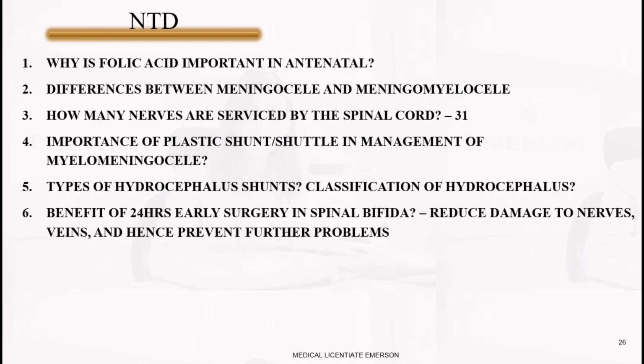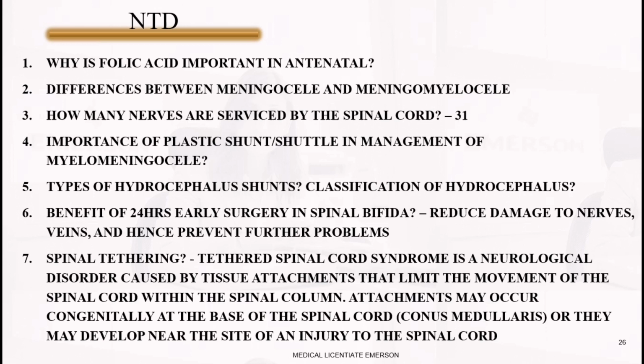Benefits of 24 hours early surgery in spina bifida. And some of the things is that you reduce damage to the nerves, and hence prevent further problems. That's one of them. So what are the other benefits? Then what's spinal tethering?